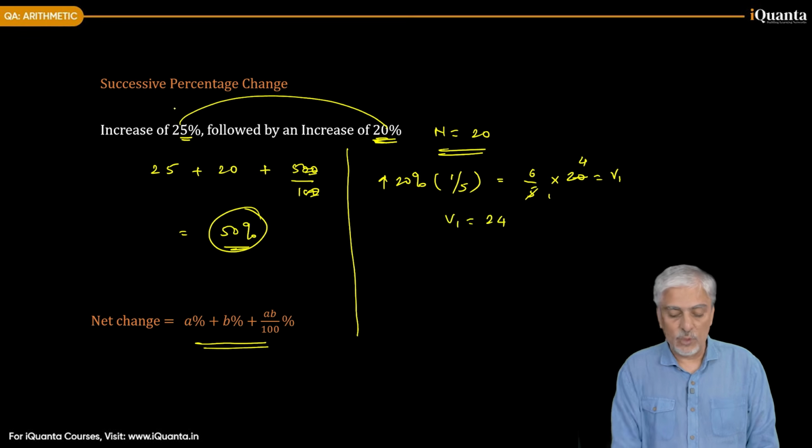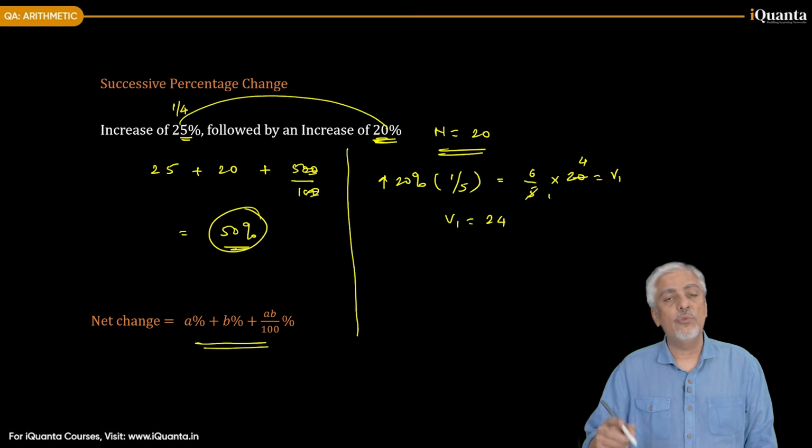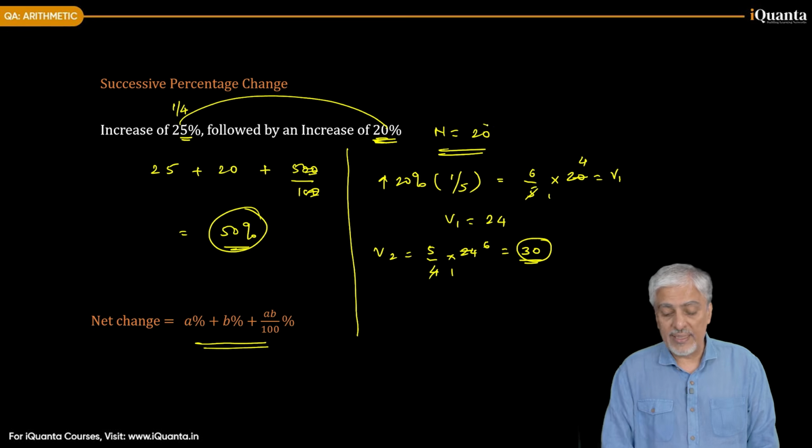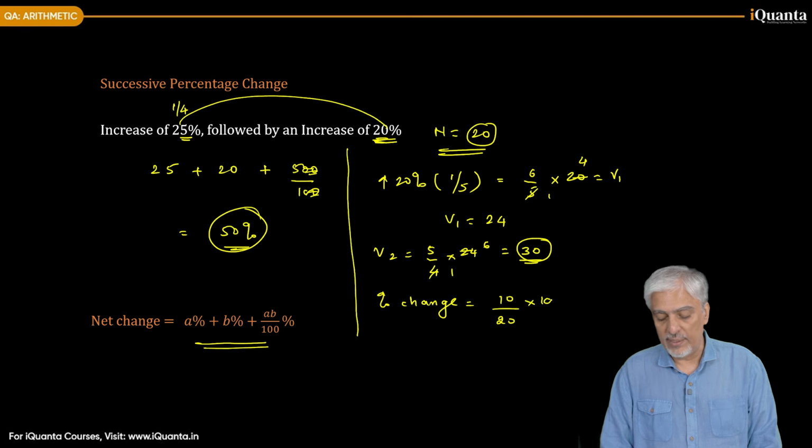And then there's an increase of 1 by 4. So it will become 5 by 4. So value 2 will be 5 by 4 of 24. That will become 30. And that's your final value. So 20 is becoming 30. So percentage change is 10 upon 20 into 100, which will be 50%.